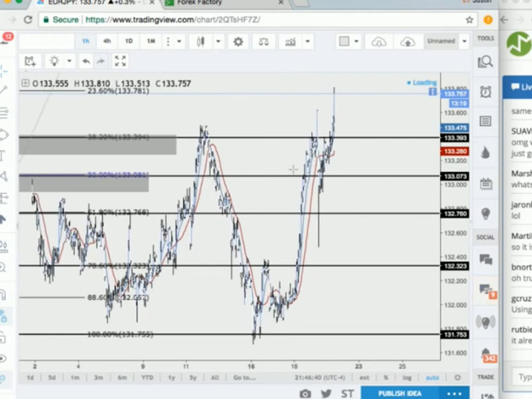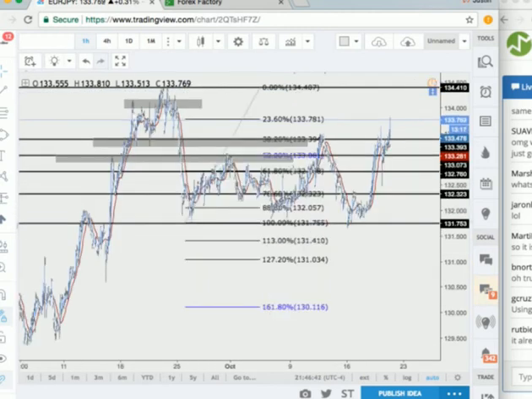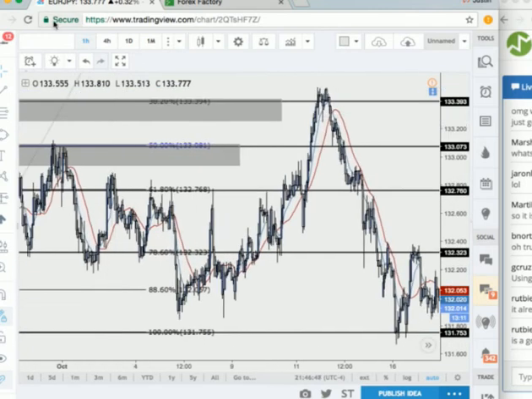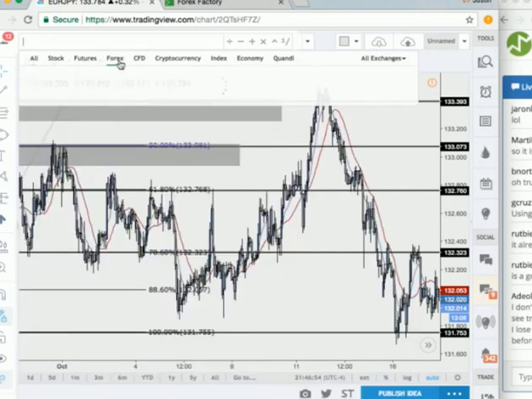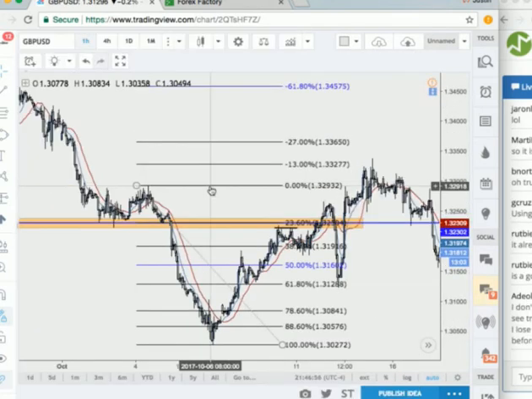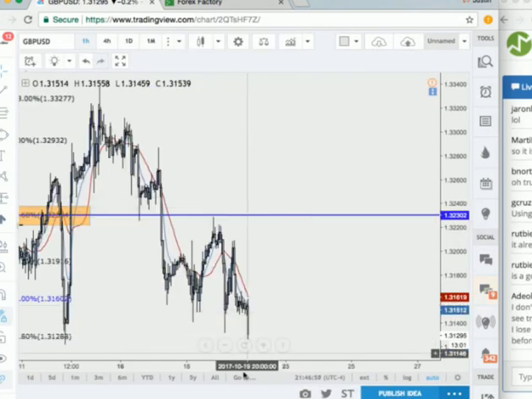Wick down, bam, keep going up. Oh, yep, GU continues to fall.